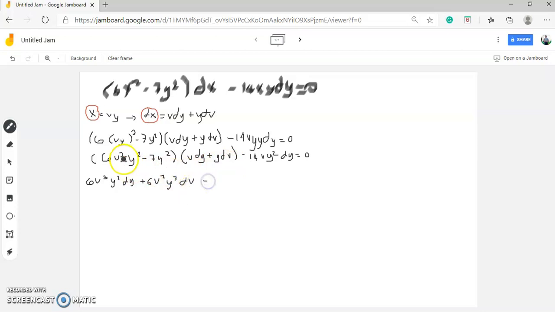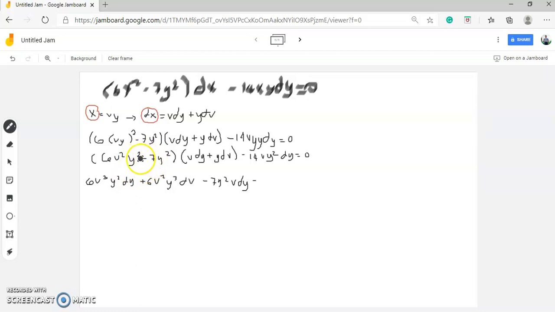Another one: we have negative 7y squared times v dy. Next is this negative 7y squared multiplied to your y dv, so you still have negative. Again, class, be careful with the sign, because your sign will make all your solutions wrong.